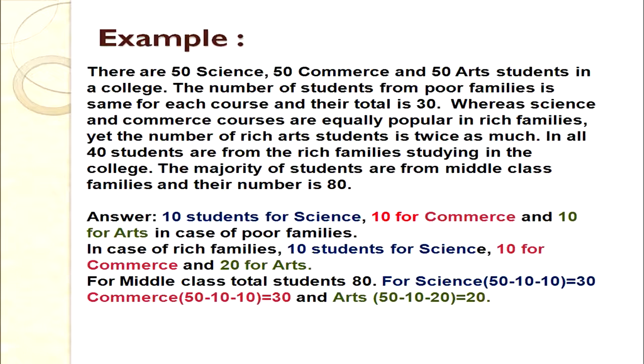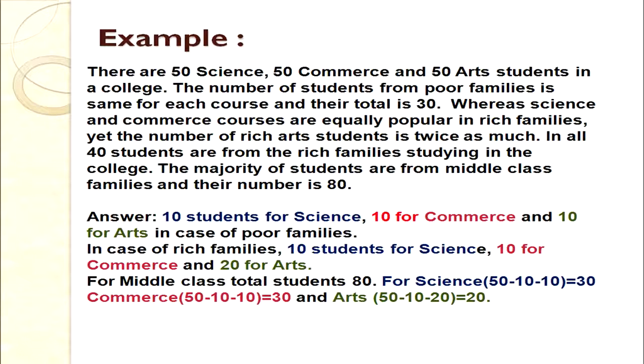Now, for the middle class, the total strength is 80. Here we need to calculate it by subtracting what we have got, because in the top line it is given that there are 50 science students, 10 for poor families we have done. Then we have discussed 10 for rich families. 50 minus 10 minus 10 gives you 30 science students.